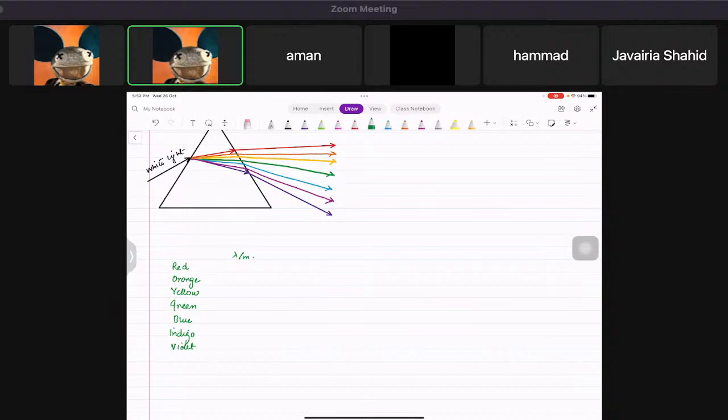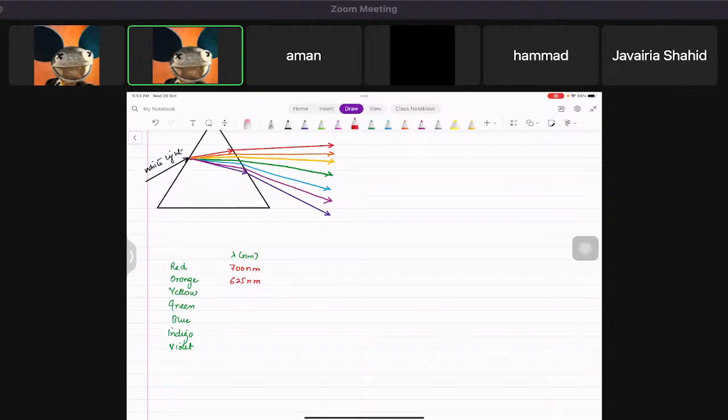I'll write it in nanometers, because usually they give it in nanometers. So red is about 700 nanometers, orange is 625, yellow is 590, green is about 500, blue is 480, indigo is 450, and the last one is the shortest wavelength, which is 400.